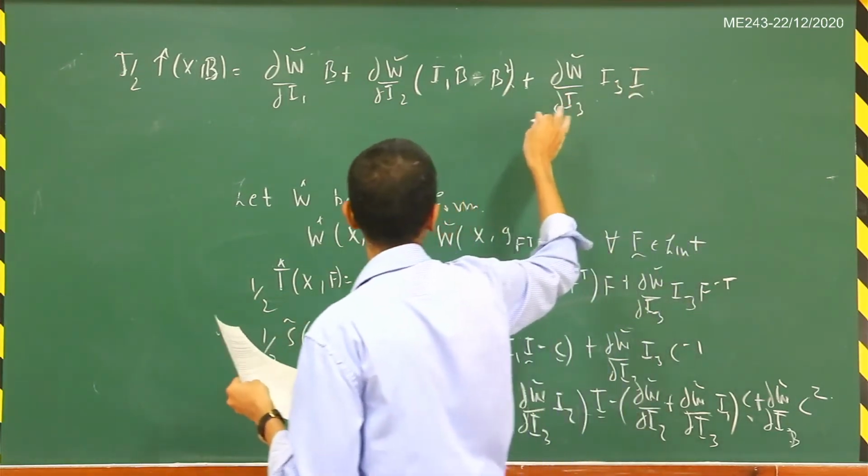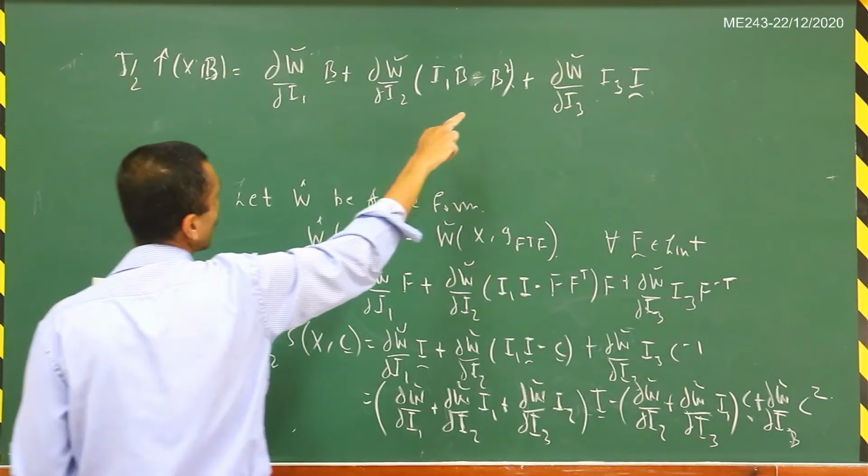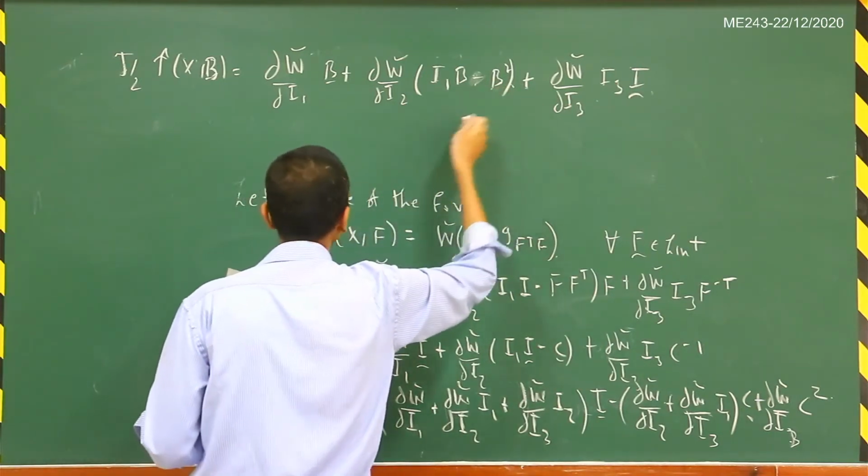And again, using the Cayley-Hamilton theorem, you can replace b squared in terms of b inverse.